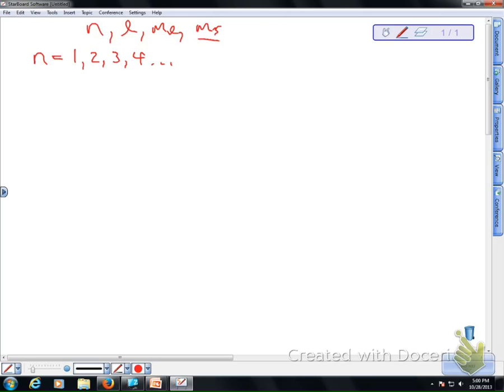You start at ring 1. Then l can only equal the integers 0 up to n minus 1.